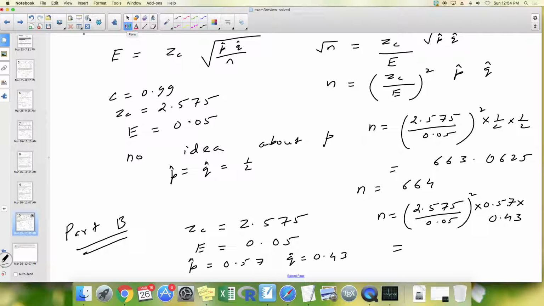Which shall come out to be 650.06, and you can make it n equals 651.